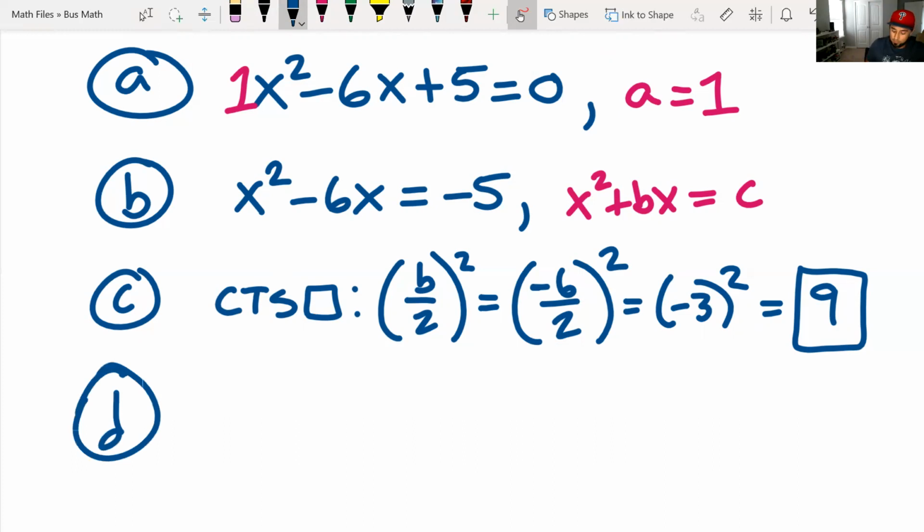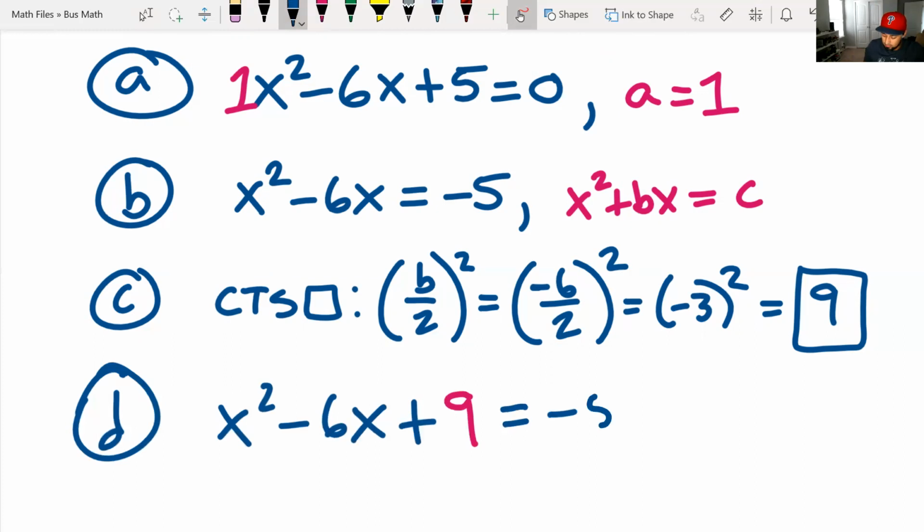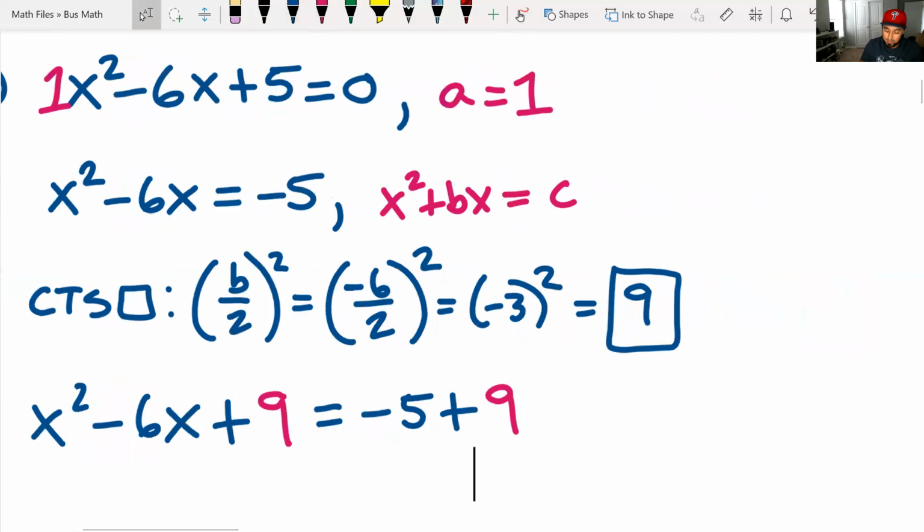So D, we're going to have x squared minus 6x plus 9 equal to negative 5 plus 9. So we made it to this step.